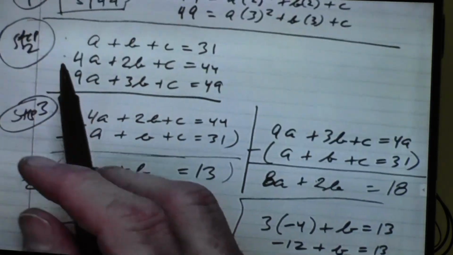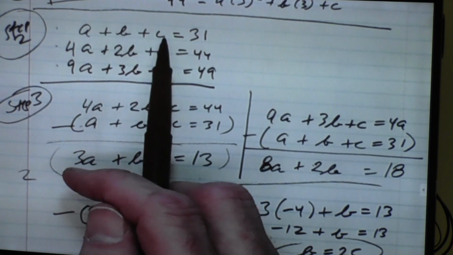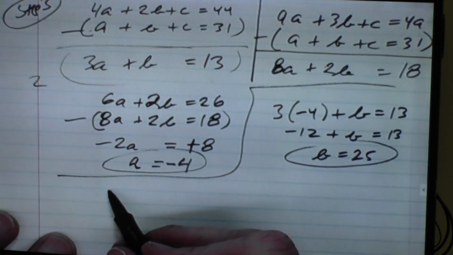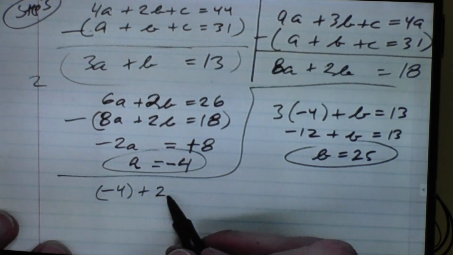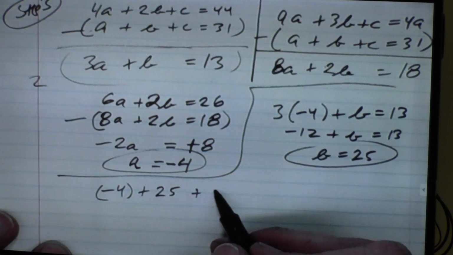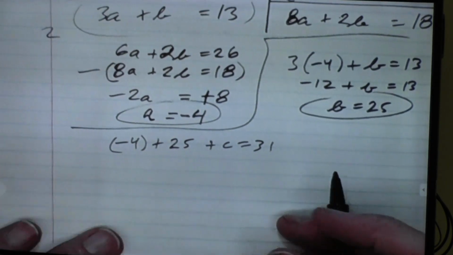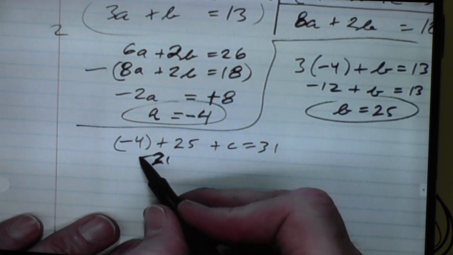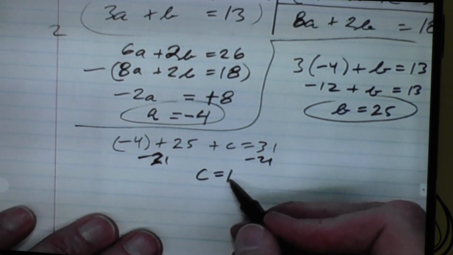Now we need the c, and once again this one becomes very useful because we now know a and b, so it's really easy to work with that. Okay, so I'm going to do a is negative 4, plus b is 25, plus c is equal to 31. So that's 25 minus 4 is 21. Subtract it from both sides. So c is equal to 10.